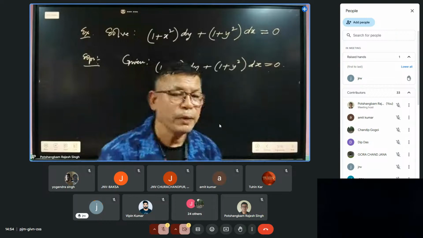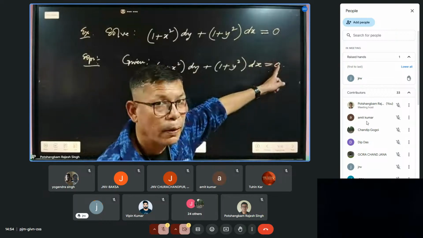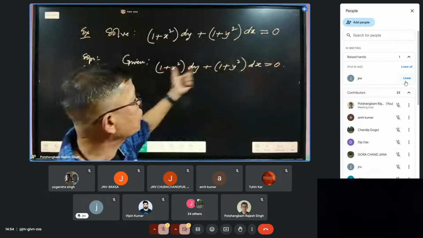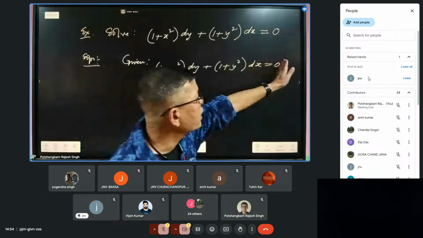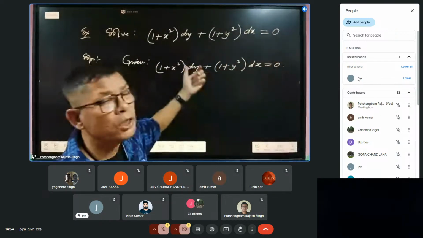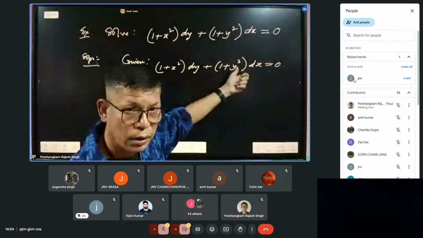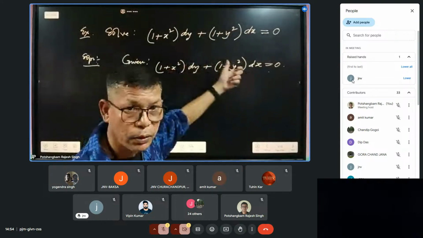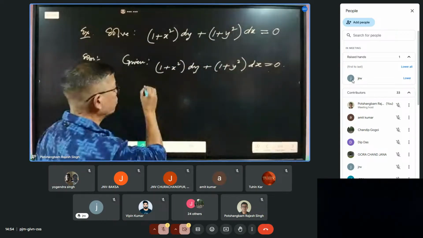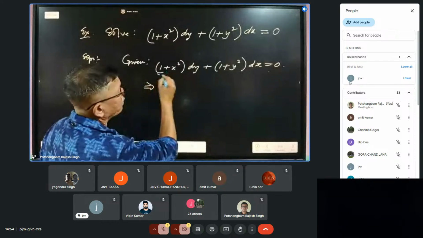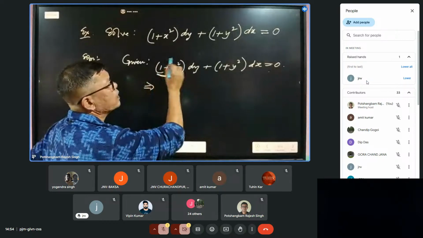For example, in this case, the right hand side is 0, and we have two terms in the left hand side. As the right hand side is 0, cross division or cross multiplication can be done amongst these two terms. Here this part is a function of x.